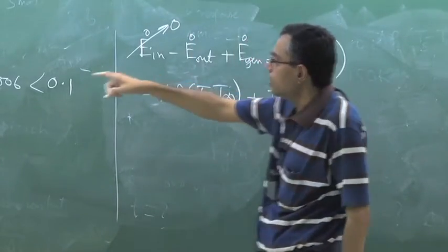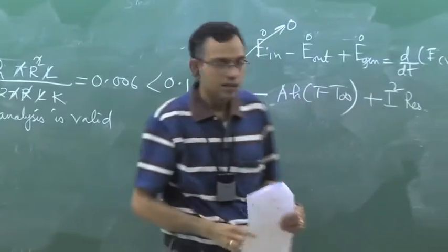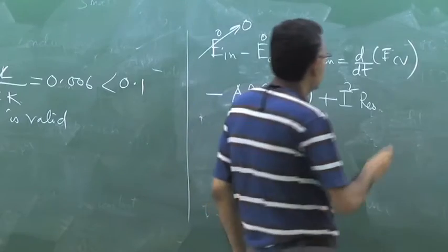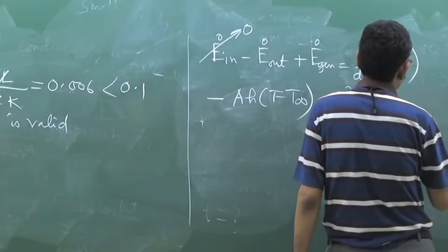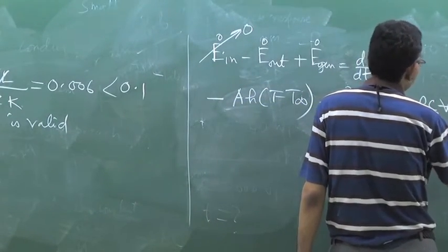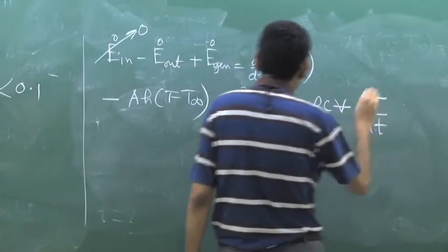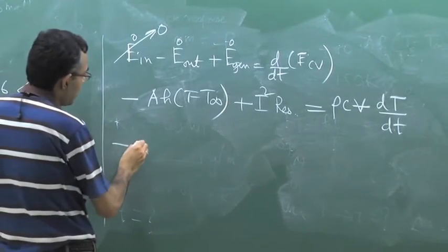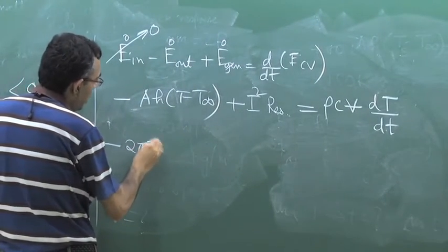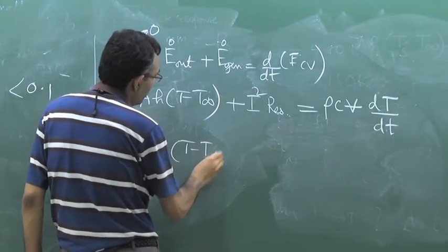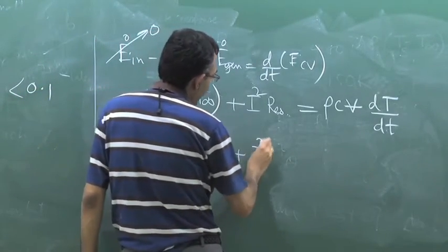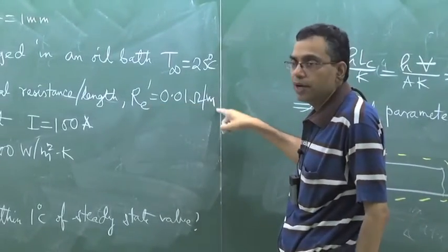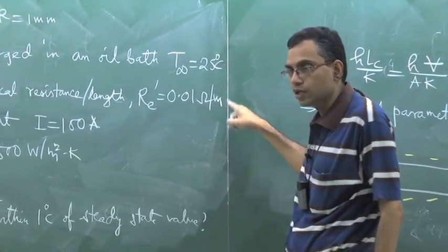Because R I have used already for radius, so I am using a different symbol, R_e, resistance, is equal to... So we can write, what is A? A is 2 pi R L into (T minus T infinity) plus I squared. Now resistance is given, R_e dash per ohm per meter, this multiplied by the length will be the total resistance.